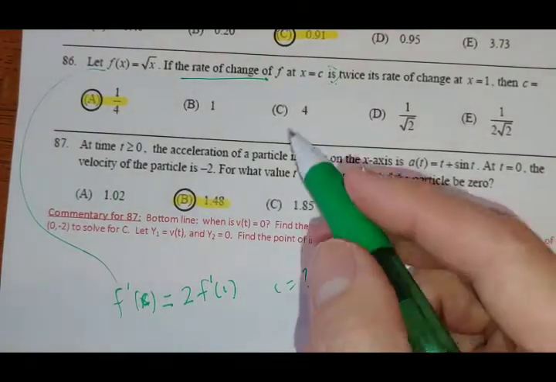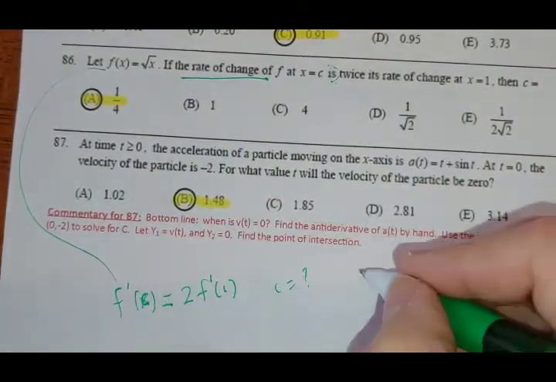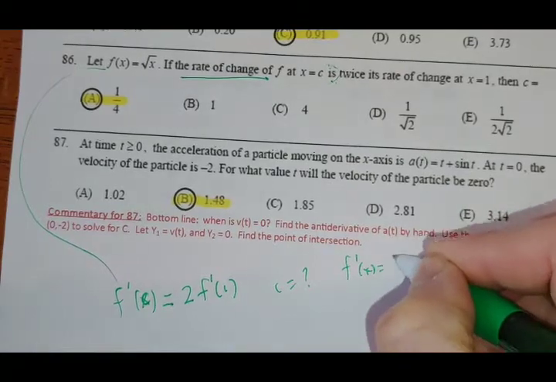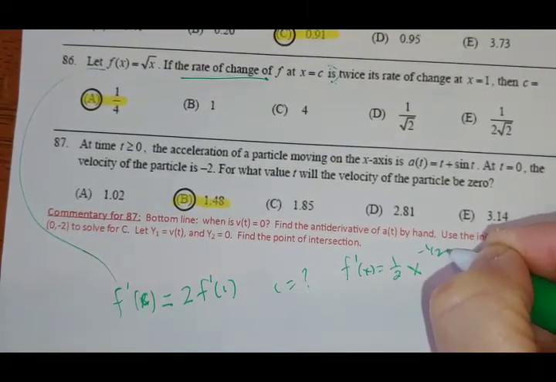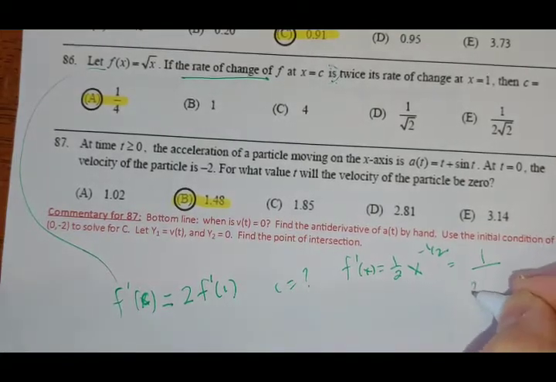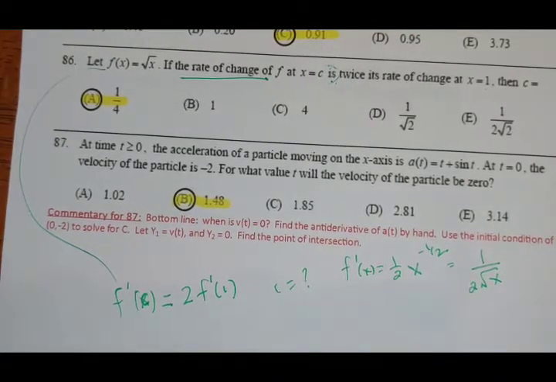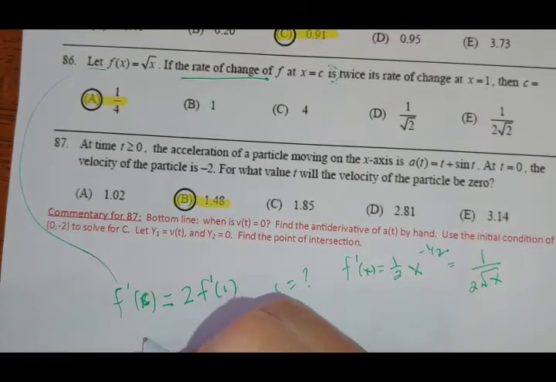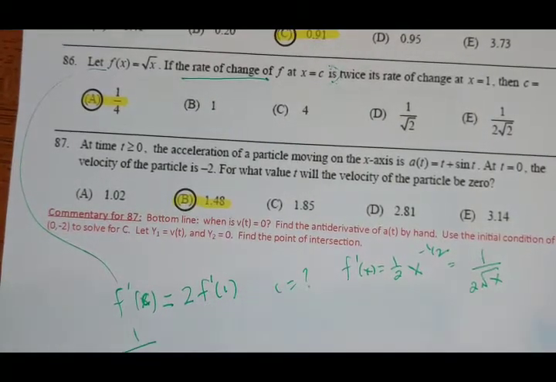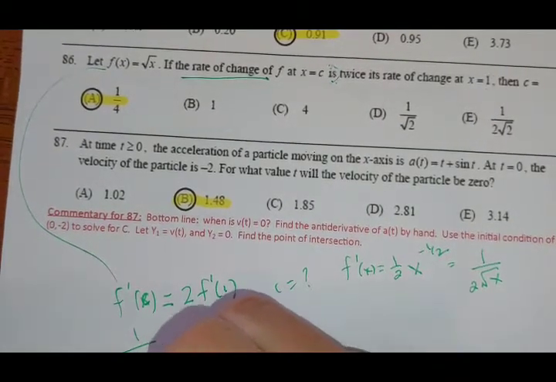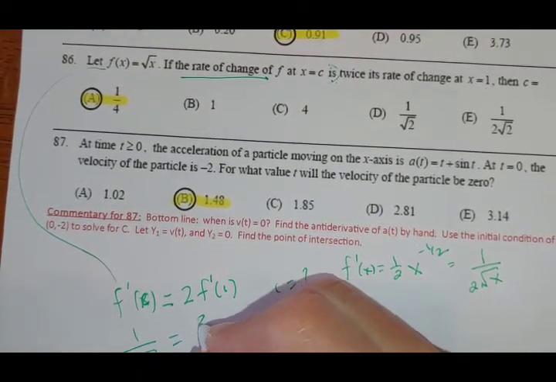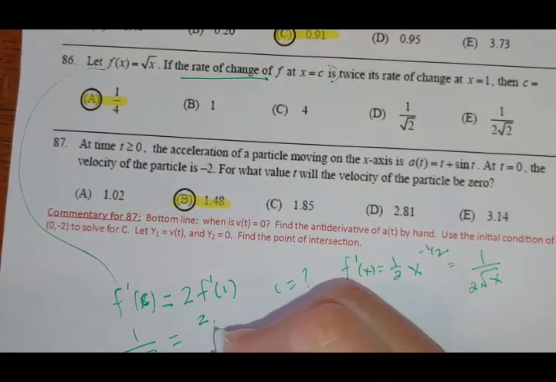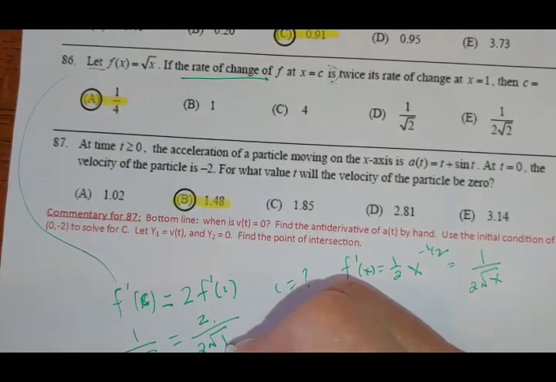So the derivative of the square root of x, f prime of x, is 1/2 x to the negative 1/2 power, which is the same thing as 1 over 2 square root x. So I come over here and I have 1 over 2 square root c. On the right hand side, I have 2 times 1, which is 2, over 2 square root 1.